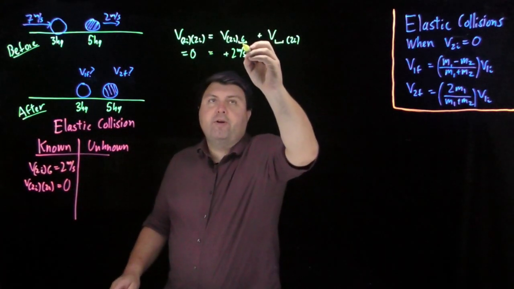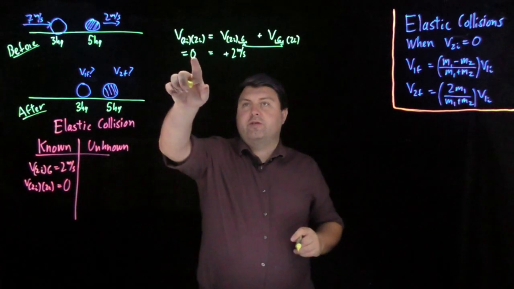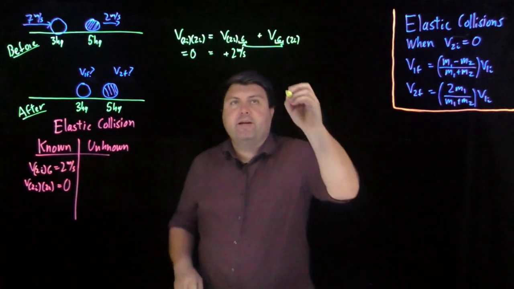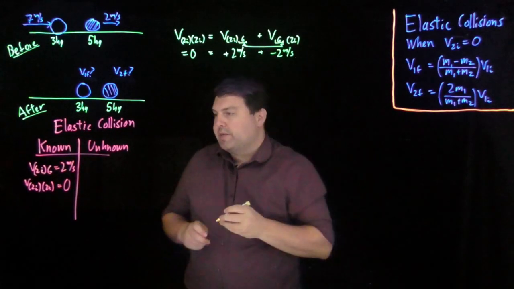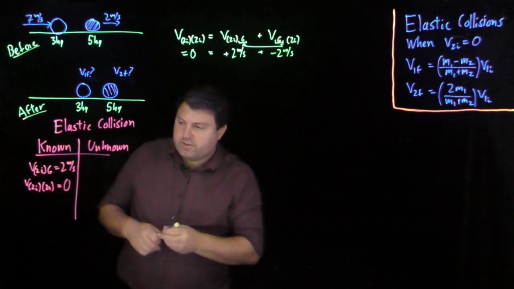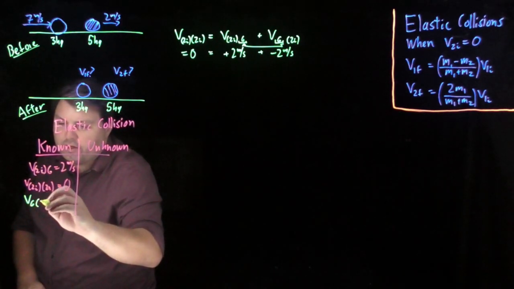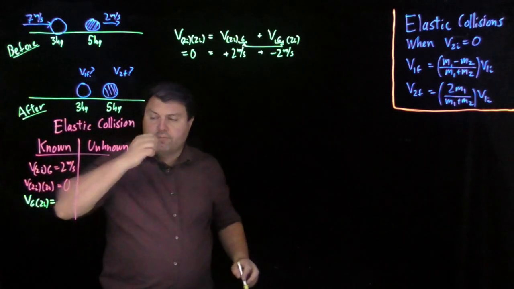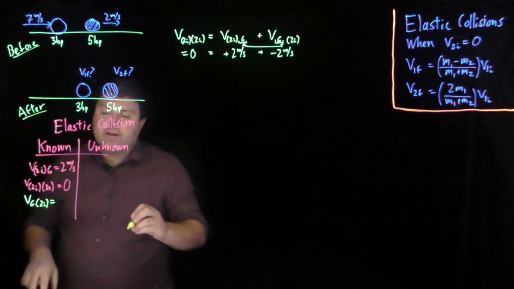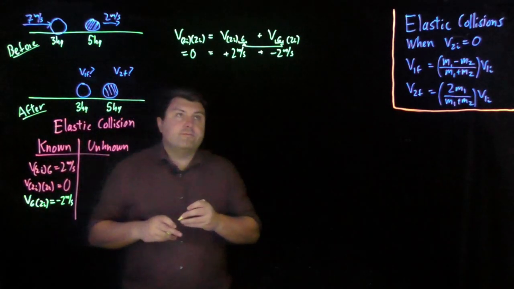If we put g here, then this also has to be g. In order for 0 to equal 2 meters per second plus something else, this has to be negative 2 meters per second. So the velocity of the ground relative to ball 2i is equal to negative 2 meters per second.